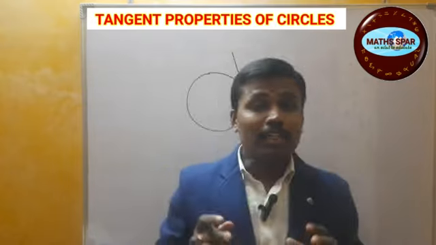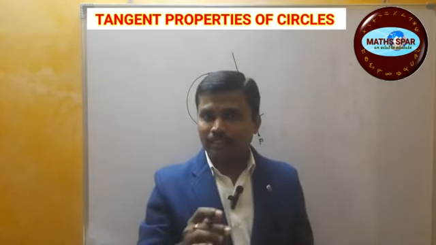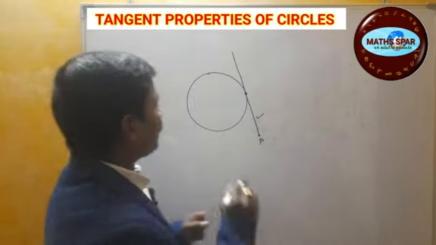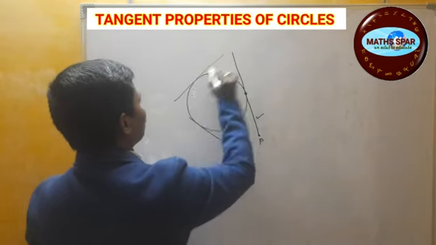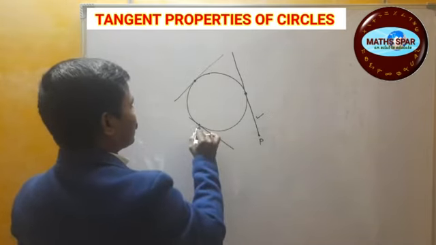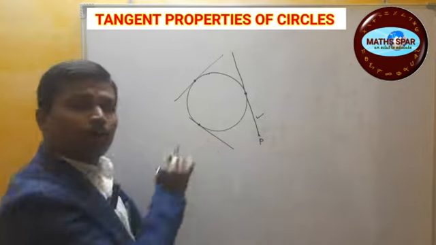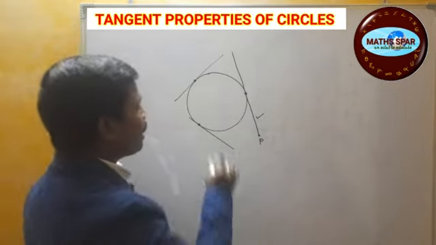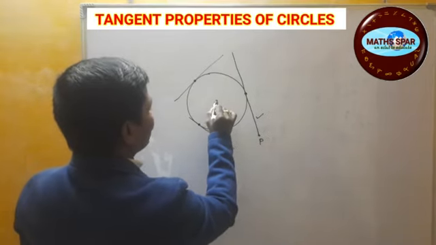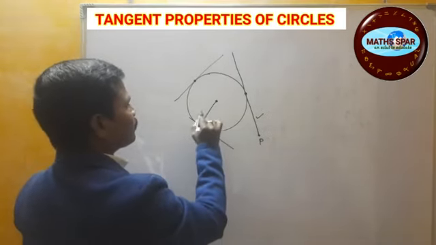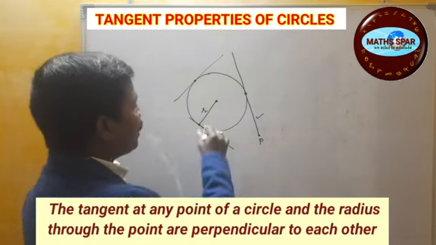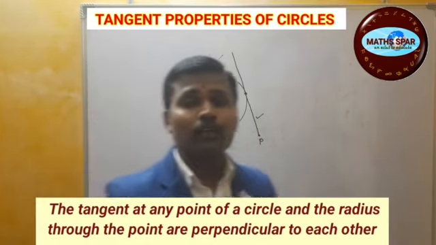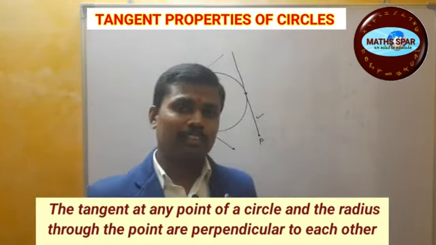So the first property of tangent says that the tangent at any point of a circle and the radius through the point are perpendicular to each other. How do we prove this?